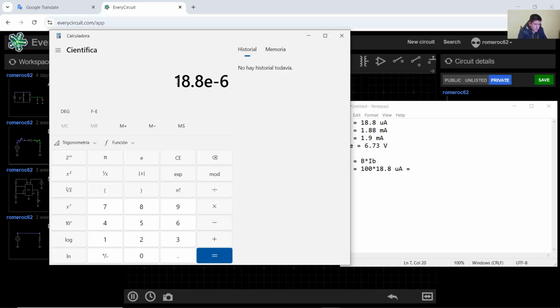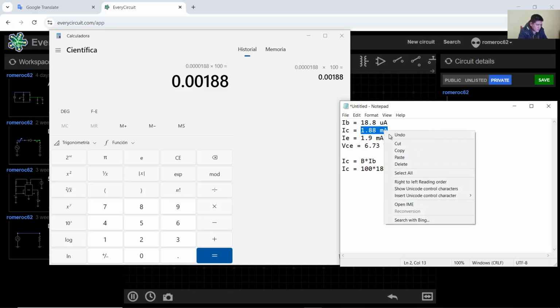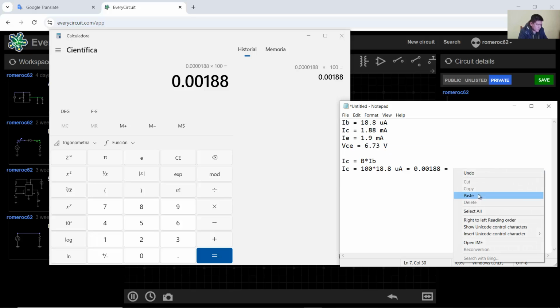Okay, this value times 100 is this value, 0.00118. So this is 0.00118 and you know it is the same as this. Okay, very nice.